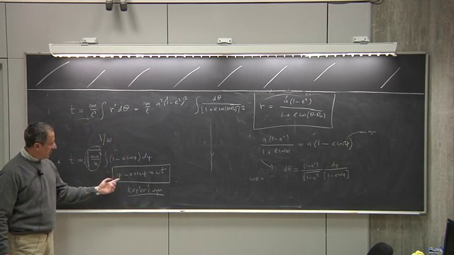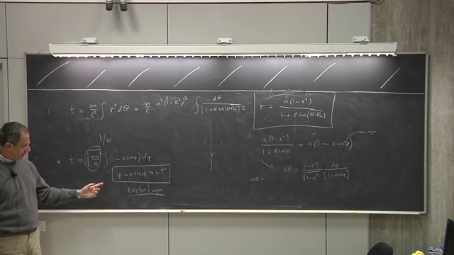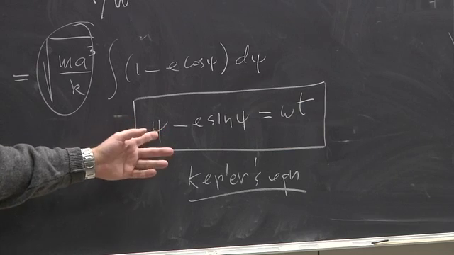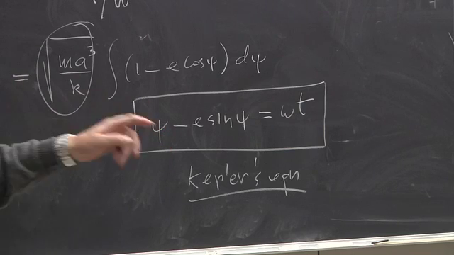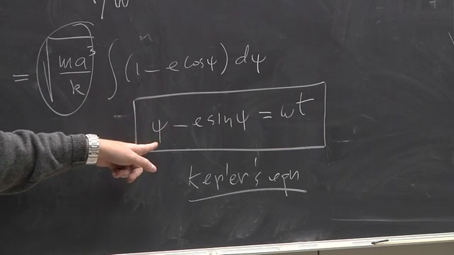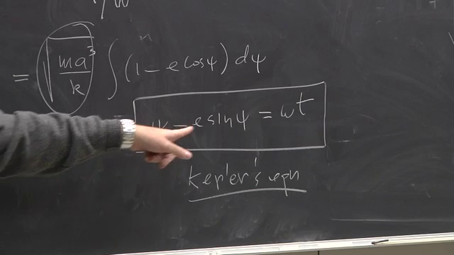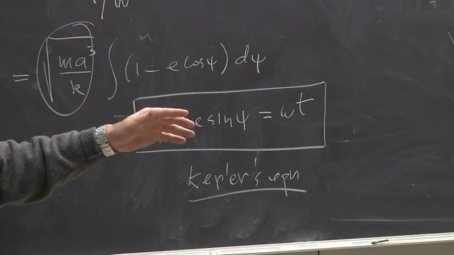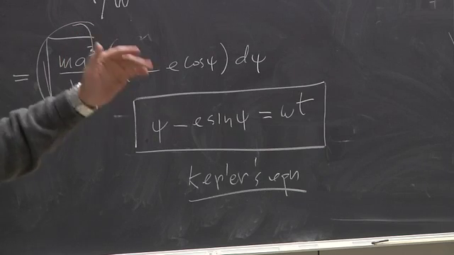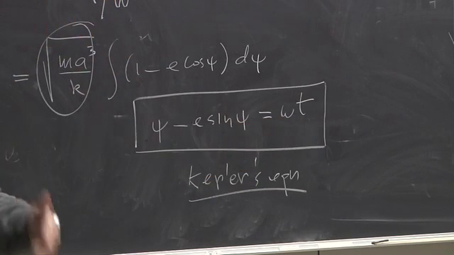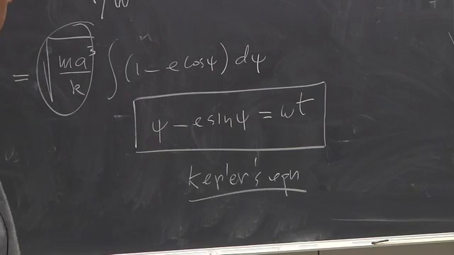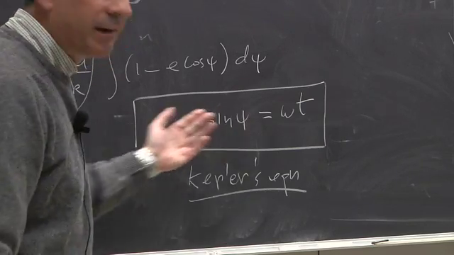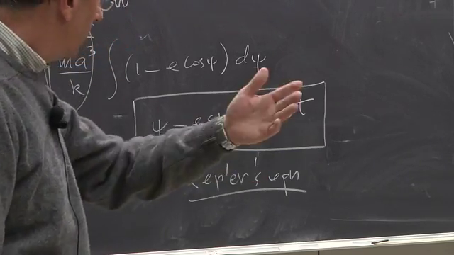And if you solve this, well, this is essentially solved. But you see, it's not a completely trivial equation because you have the sine of psi, so it's a transcendental equation. It's not something that you solve easily, right? But you do an expansion and you solve it.